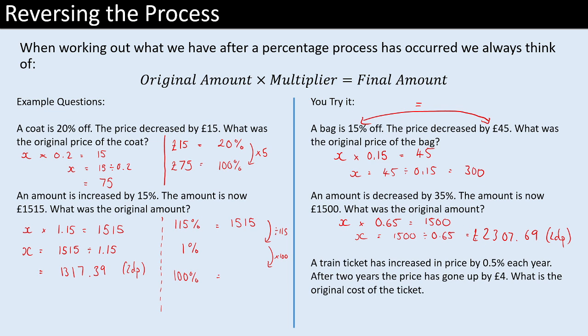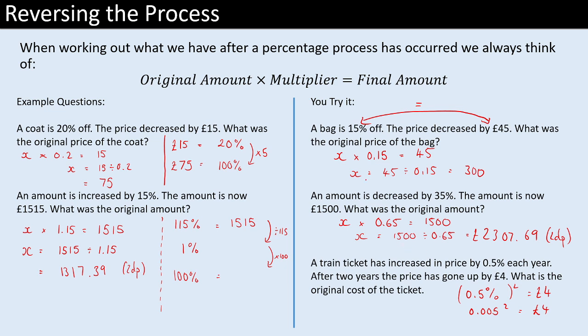Now, if you remember from our repeat percentage slide, we can say that 0.5% squared, because it's gone up a year for 2 years, is going to be equal to £4. Now, 0.5% is going to be 0.005 as a decimal multiplier, which is equal to the £4.